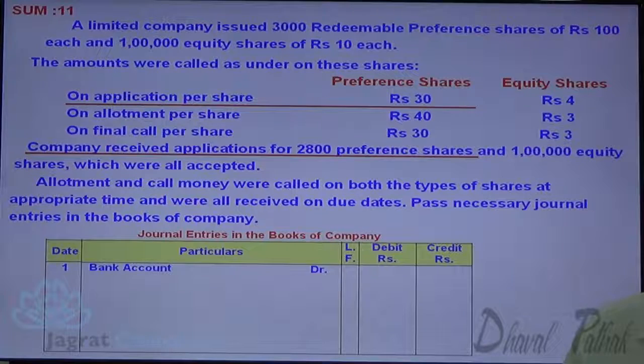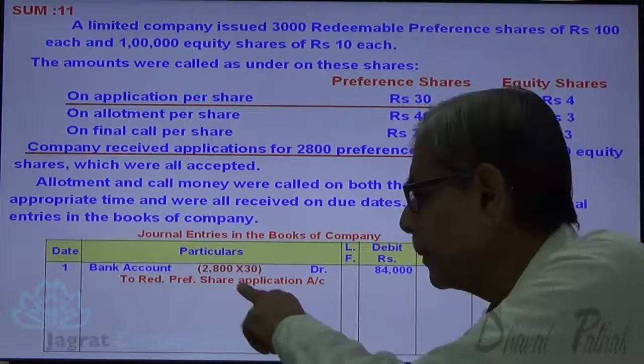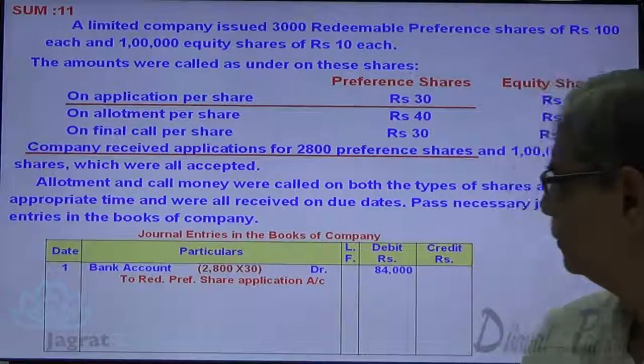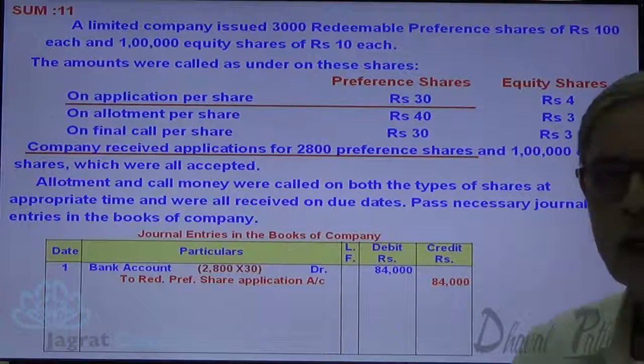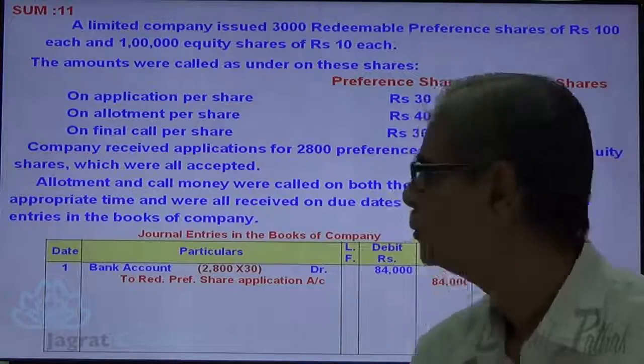Bank account debit 2800 into 30, 84,000. To redeemable preference share application account credit 84,000. Now we receive the application money on equity shares. How much?